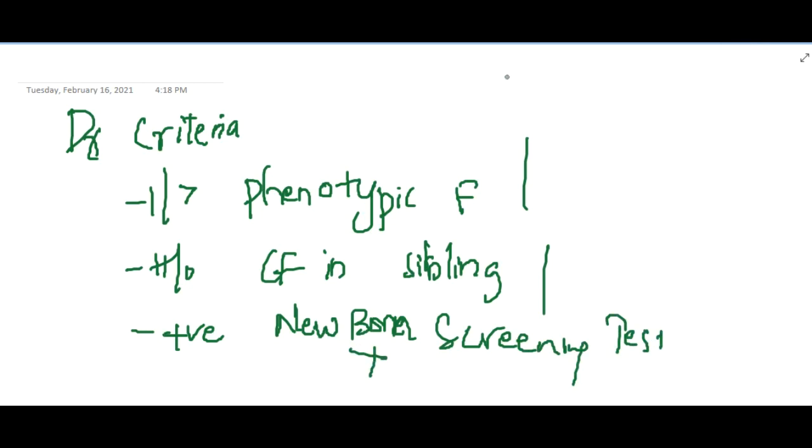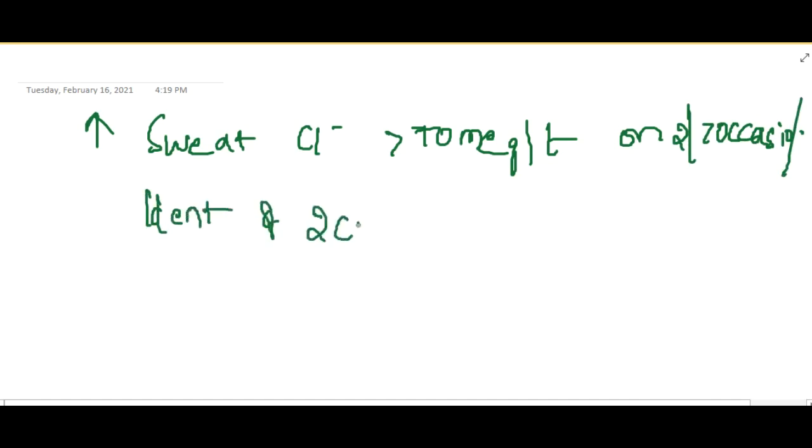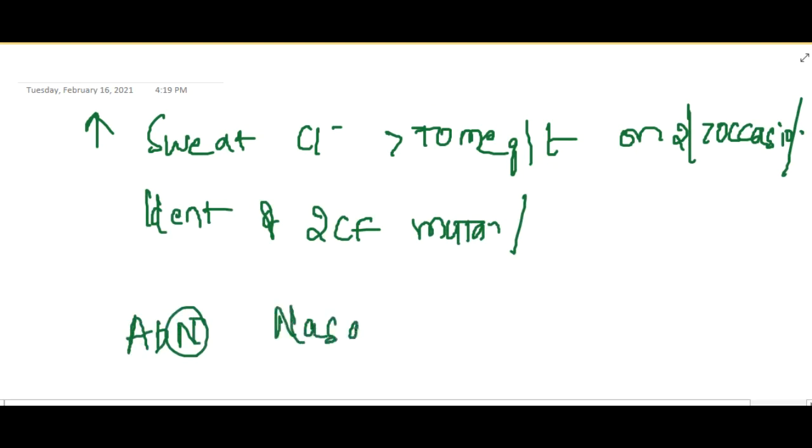Along with that, there should be one more: either increased sweat chloride levels of more than 70 milliequivalent per liter on 2 or more occasions, or identification of at least 2 cystic fibrosis mutations, or you may demonstrate abnormal nasal transepithelial potential difference.